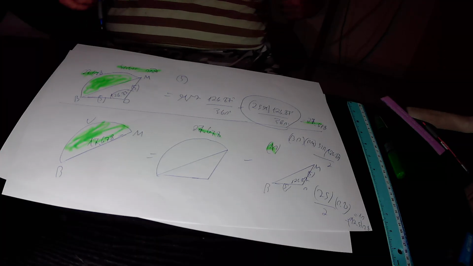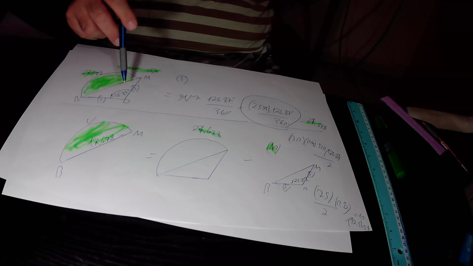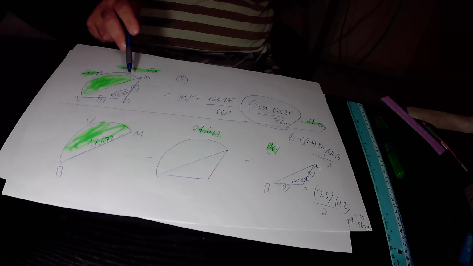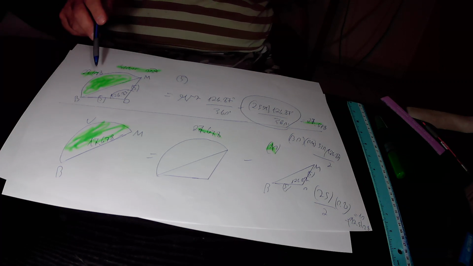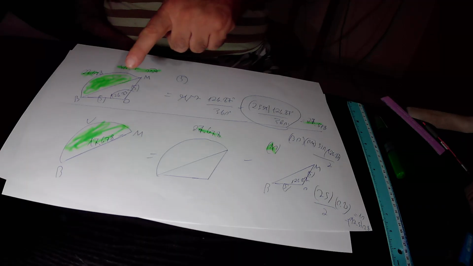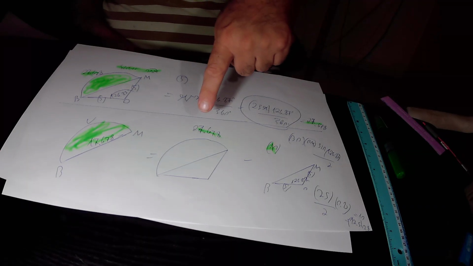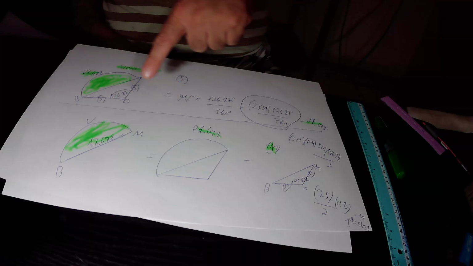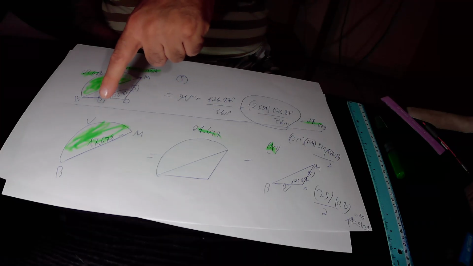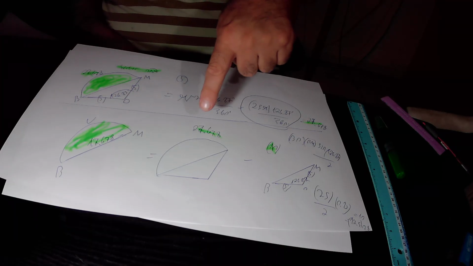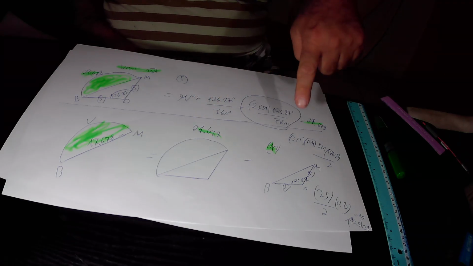If you remove from this sector BUM this triangle BUM, we will get this segment BUM. The area of segment BUM equals the area of sector BUM minus the area of triangle BUM.